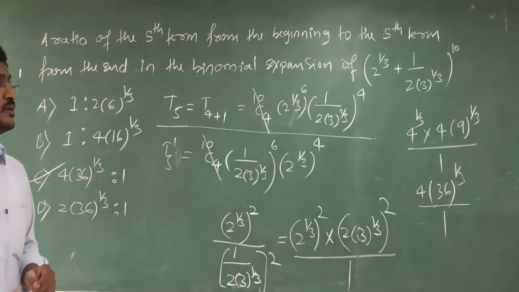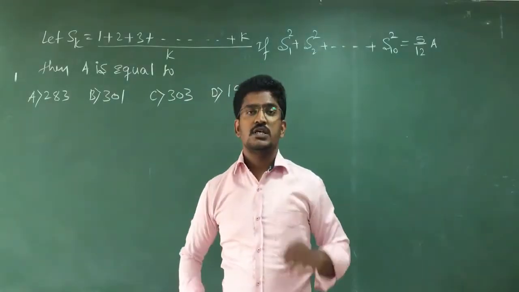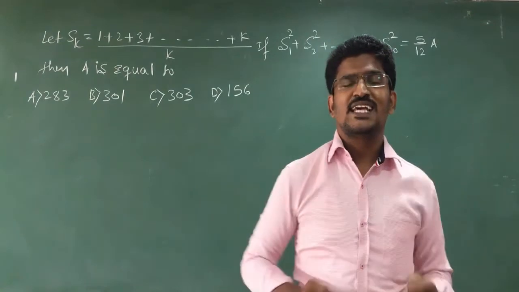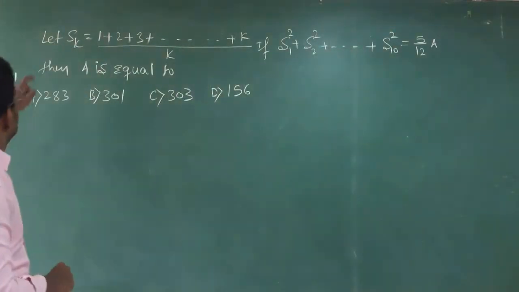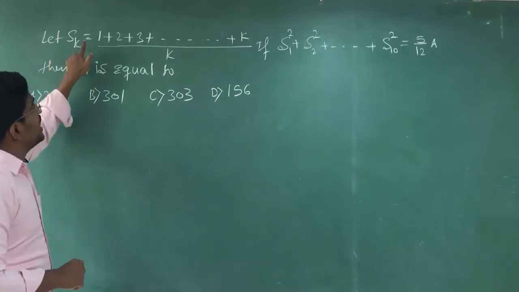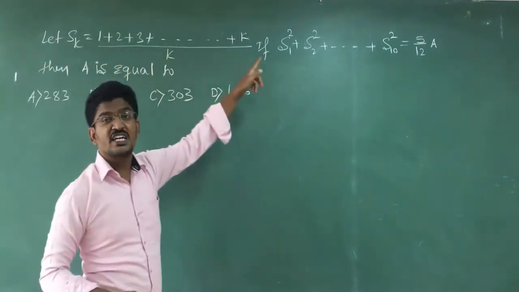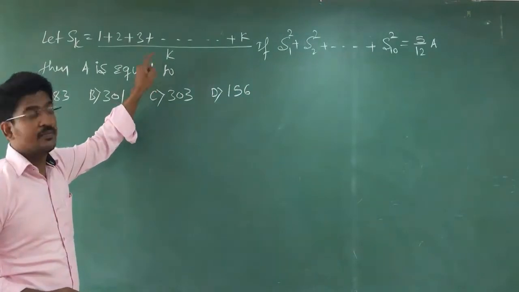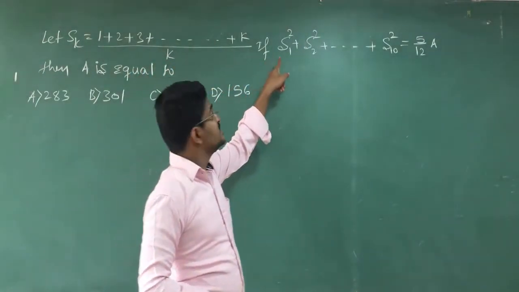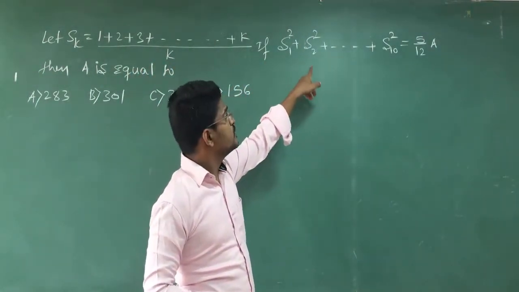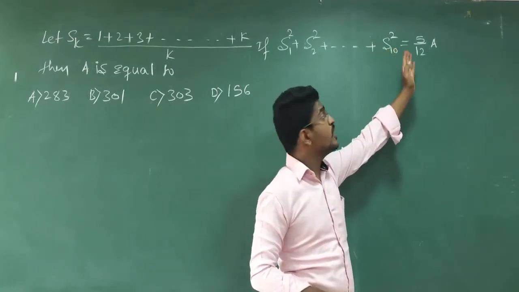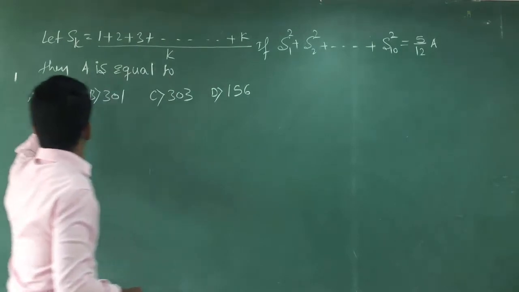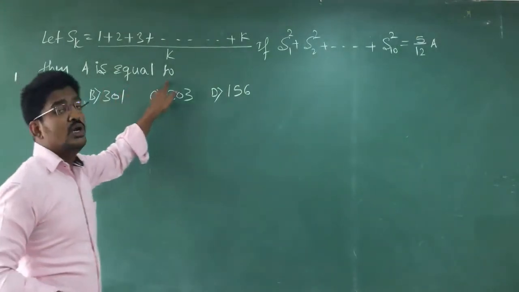Clear students? Okay students, so now let us go for the next problem. Clear? So here what they are giving: let Sk be equal to the sum of k terms divided by k. If S1 square plus S2 square plus so on to S10 square is equal to 5 by 12 a, then a is equal to what?